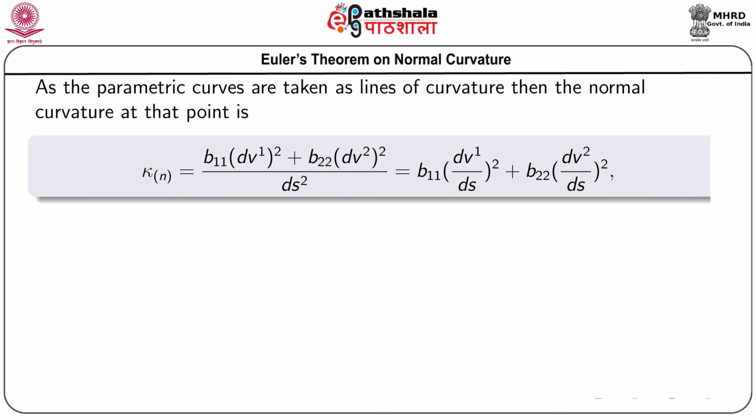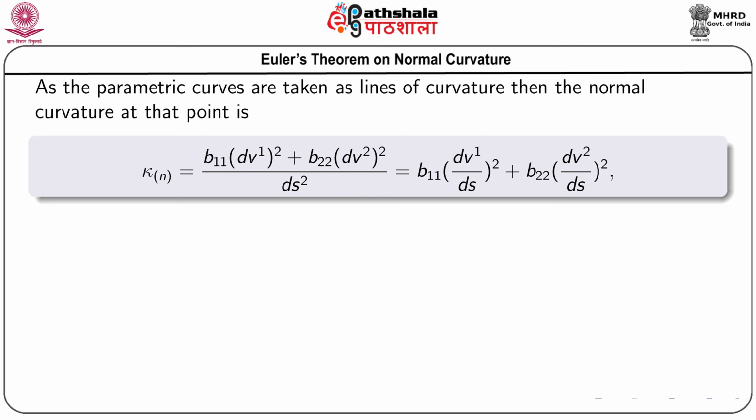Now, as the parametric curves are taken as lines of curvature, the normal curvature at that point is kappa n equals B11 dV1 square plus B22 dV2 square by ds square.